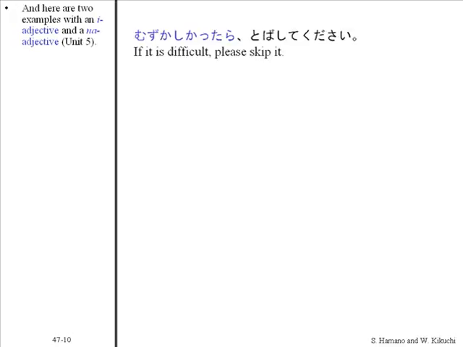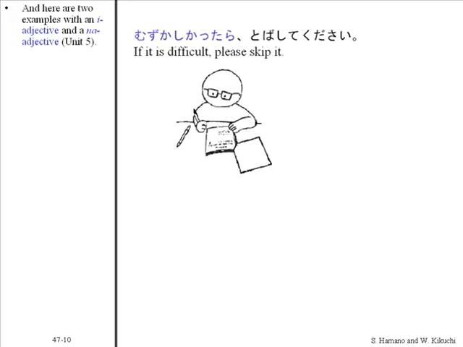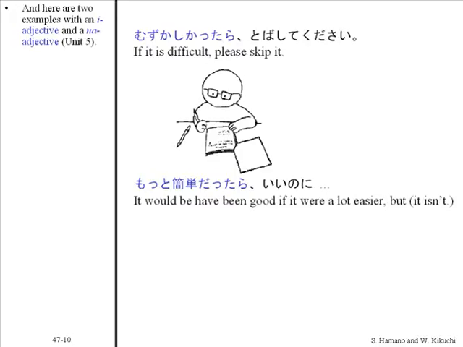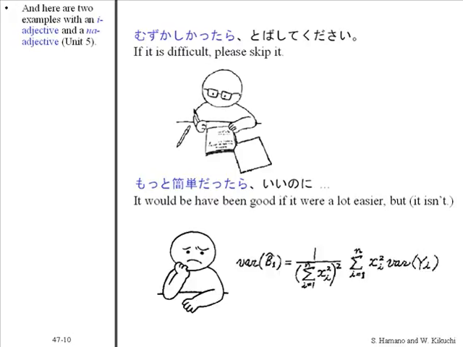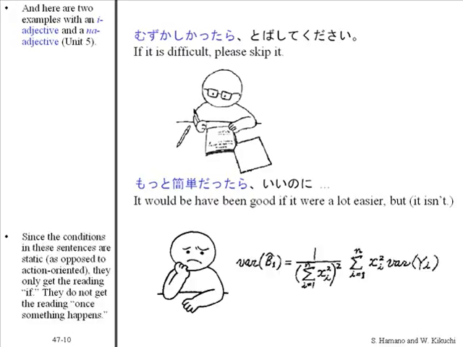And here are two examples with an I-adjective and a Na-adjective. 難しかったら飛ばしてください。もっと簡単だったらいいのに。Since the conditions in these sentences are static, they only get the reading if. They do not get the reading once something happens.